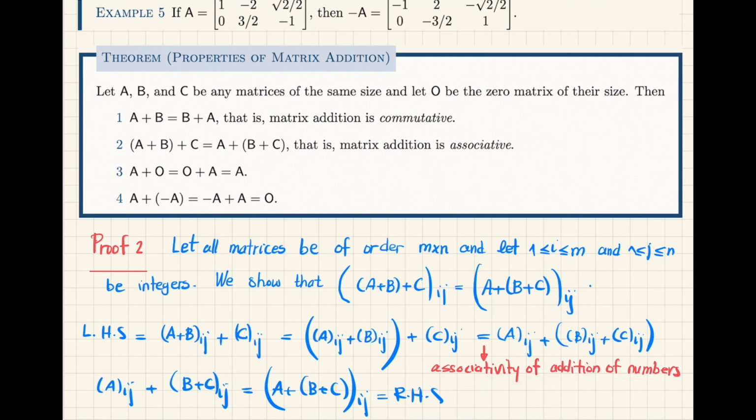So this is why every property that you can see here is because the definition of matrix addition is very similar to the addition of normal numbers, so the properties of addition of matrices should be expected to be more or less the same, and then this theorem shows that you don't see any deviation between these properties and the corresponding properties for real numbers. Any questions? Okay.